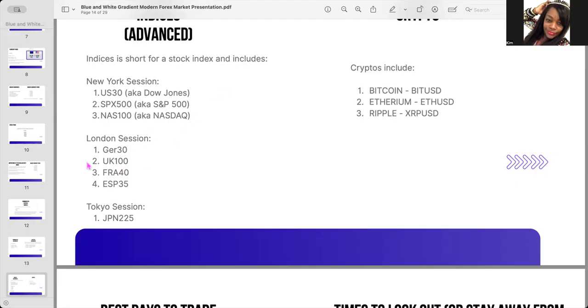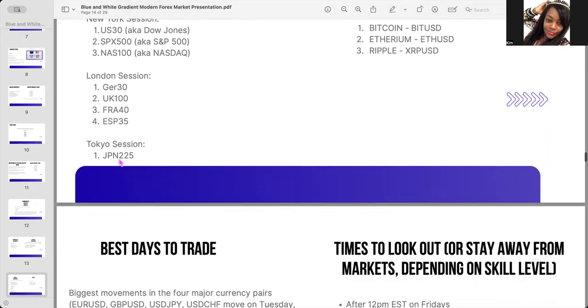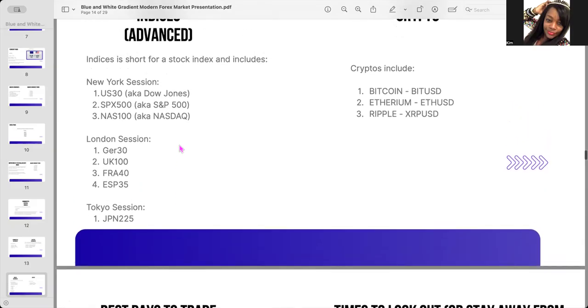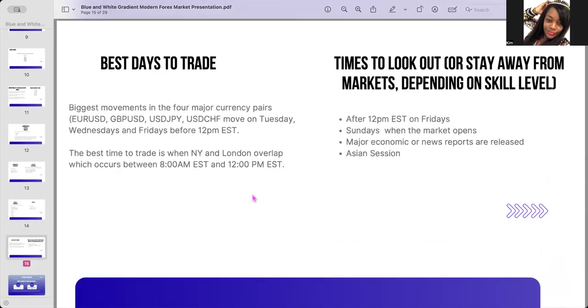These are indices, and I'm sure if I go to Google to find out what companies are included within these indices, it will tell me there are 100 in the UK, there may be 40 in the France 40, there may be 35 in the ESP, but those are best traded during the London session. And then the JPN 225 is best traded during the Tokyo session. Okay. All right. Best days to trade.